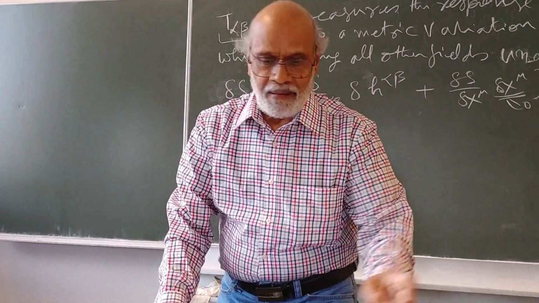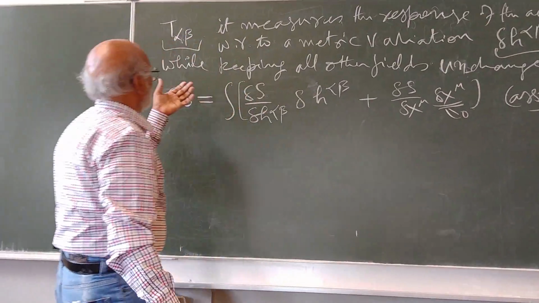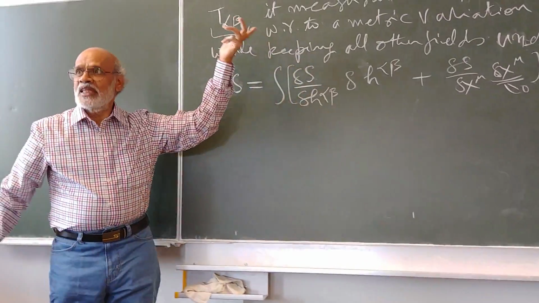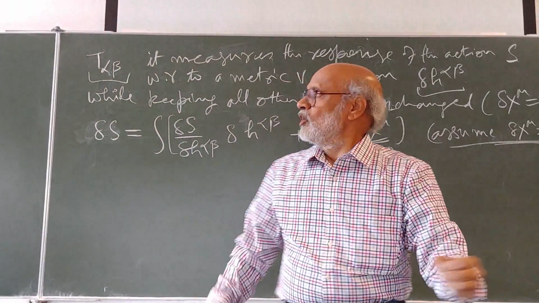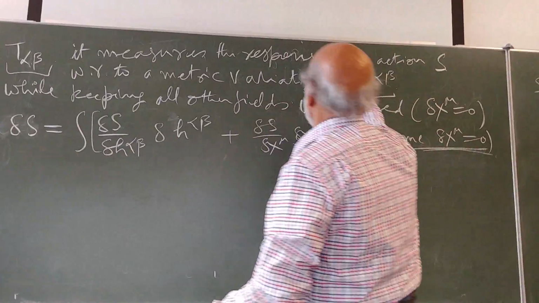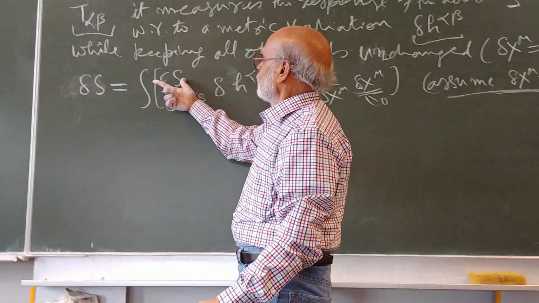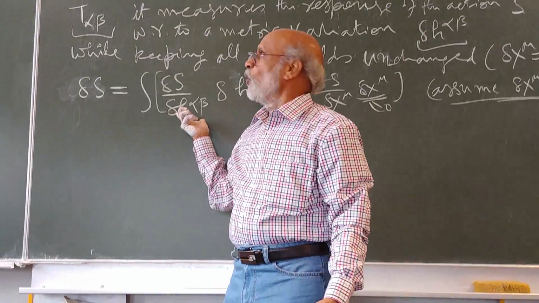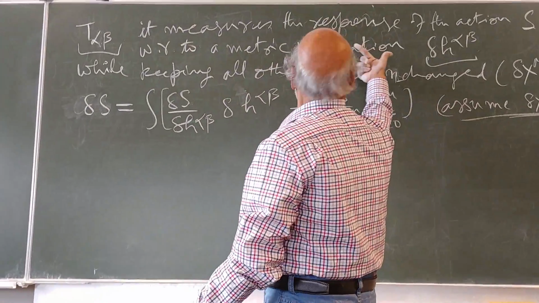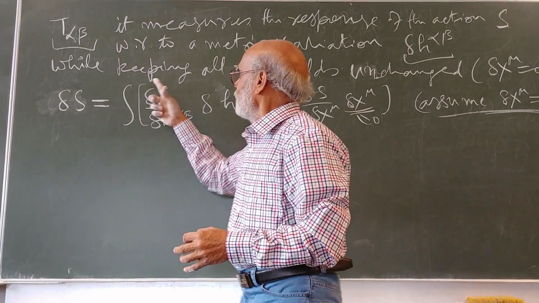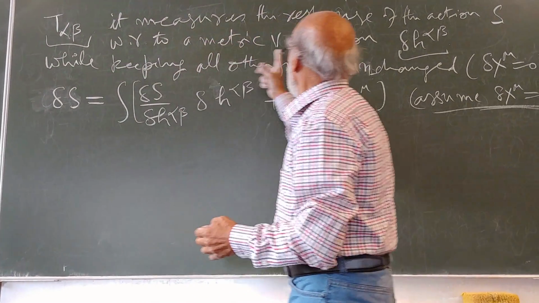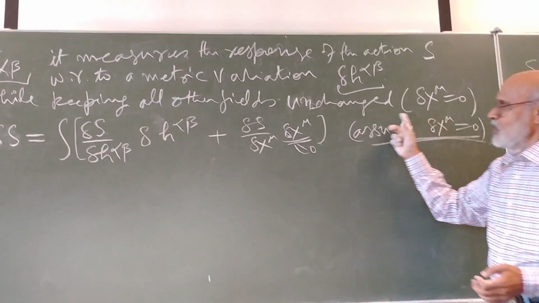So this object T alpha beta would measure the response of the action with respect to the variation of this H alpha beta. The second part is more important, while keeping all other fields unchanged.